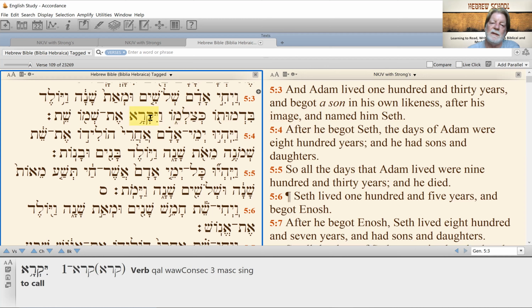Va yikra. This is a third person masculine singular qal, basic verb in the imperfect form because it's got a yud prefix. But again, this is another example of a vav consecutive.